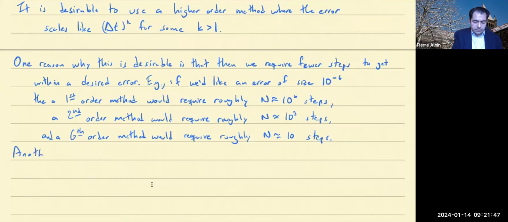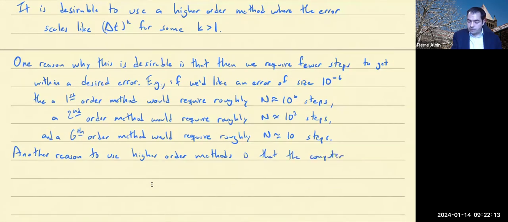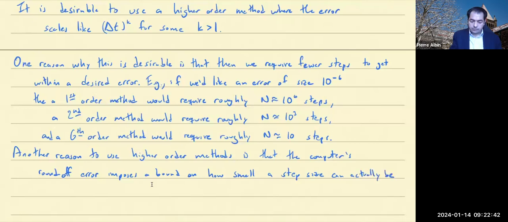Another reason to use higher order methods is that the computer has some round off error, and that imposes a bound on how small a step size can actually be computed.